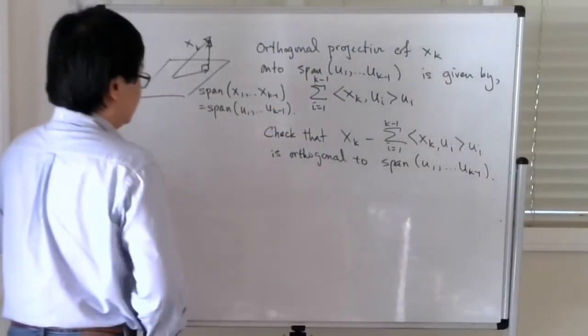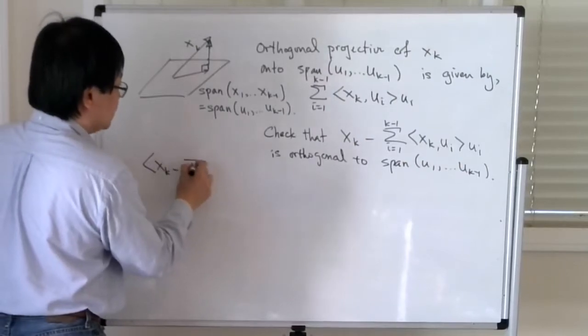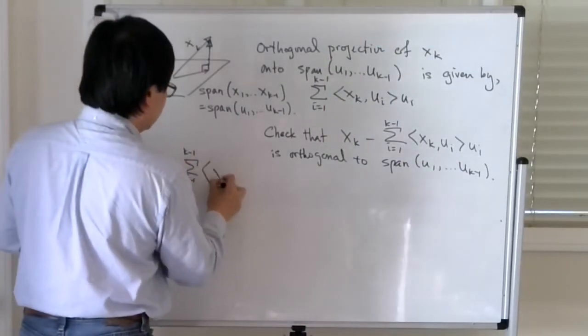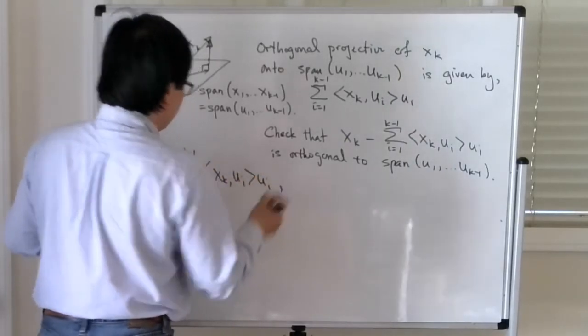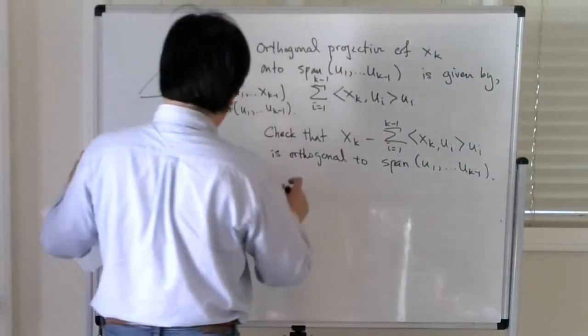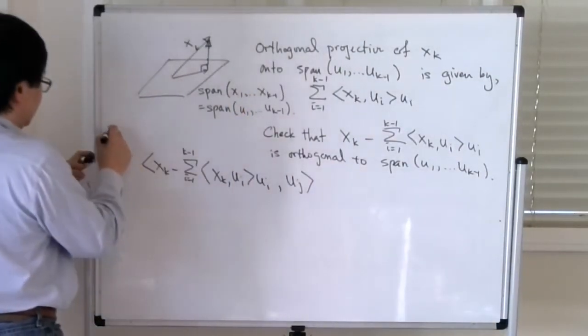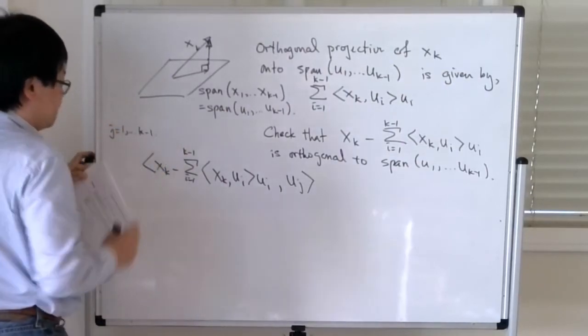That's a relatively easy thing to do. You just take this xk minus the sum, and you take the inner product with some uj, where j goes from 1 to k minus 1.